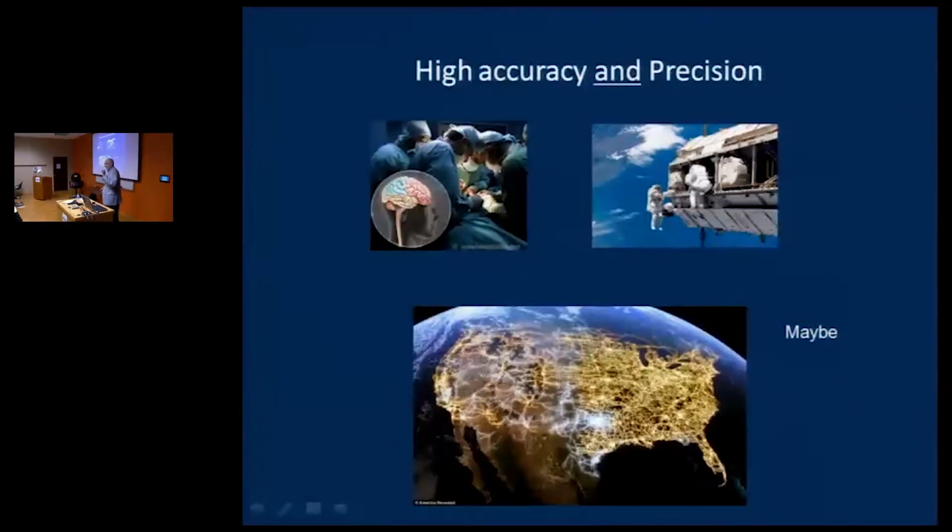Now, in our world, there are some things, data and science, that in fact have to be both accurate and precise. For example, if you're doing brain surgery, you better be accurate and precise. There's no latitude for error. If you're going to build a space shuttle, you better be accurate and precise, or it's going to come down and lives will be lost. And if you build a network for energy in the United States, that better be pretty accurate and precise too, because if it fails, there's a lot of consequence.